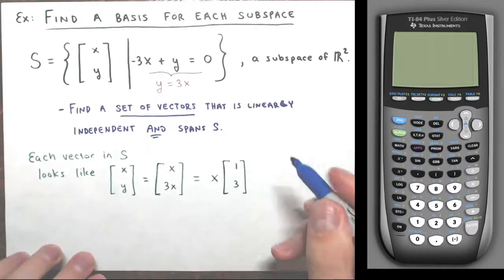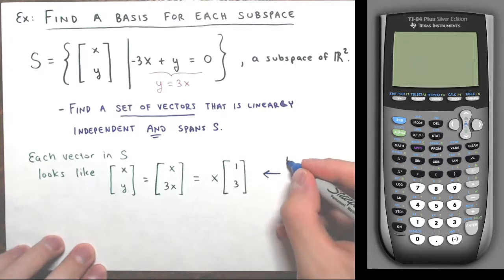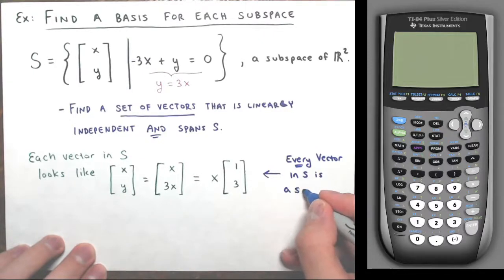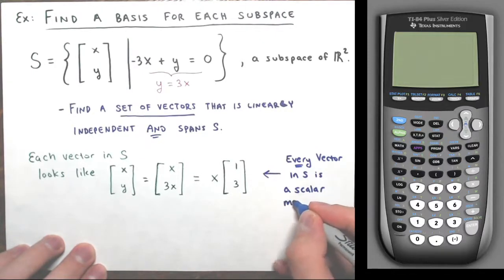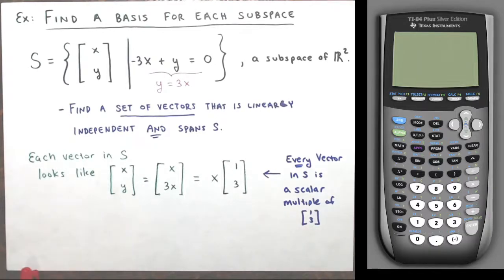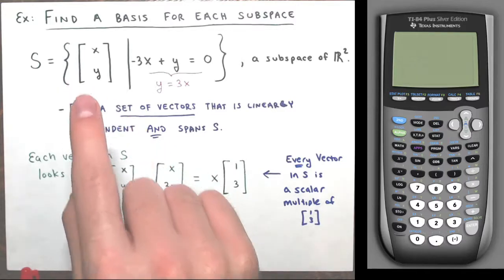So this line right here is telling me that every vector in S is a scalar multiple of the vector (1, 3). If all the vectors in a set are scalar multiples of one vector, then the set with just that vector would span this set.